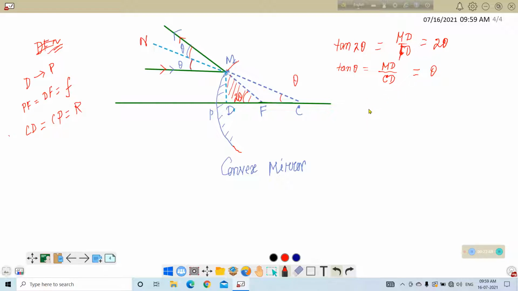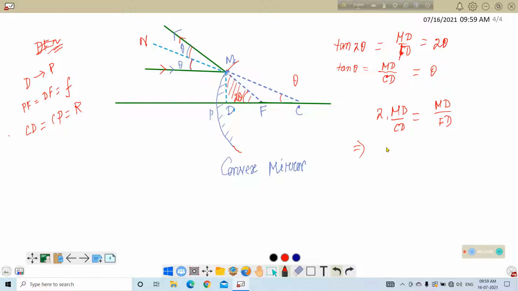Now, these two equations give 2 into MD by CD is equal to MD by FD.